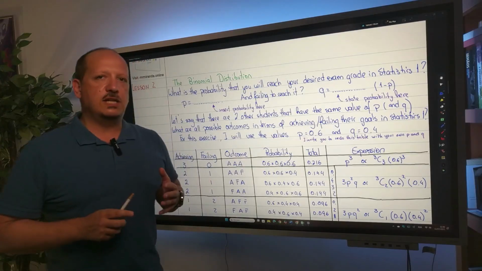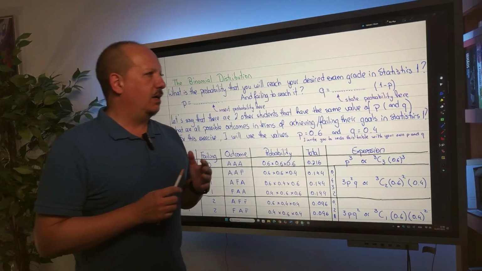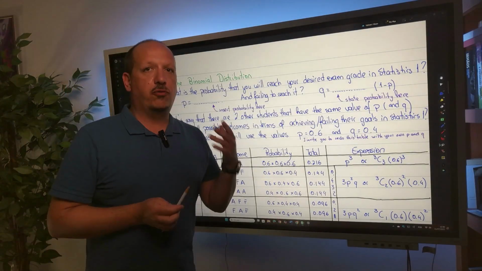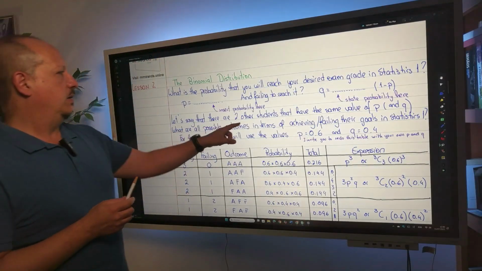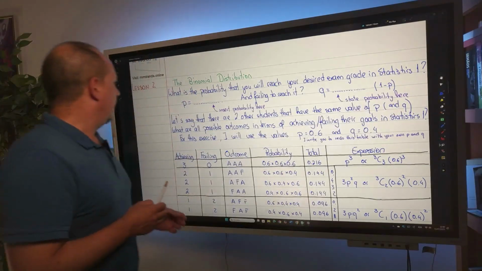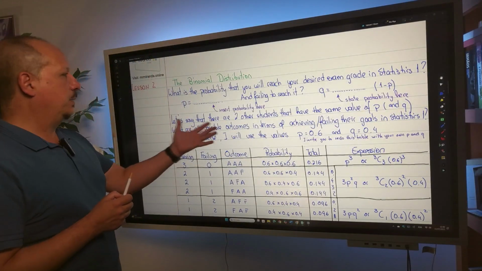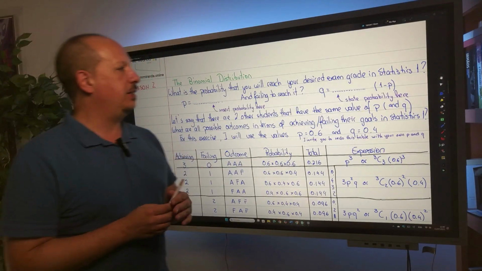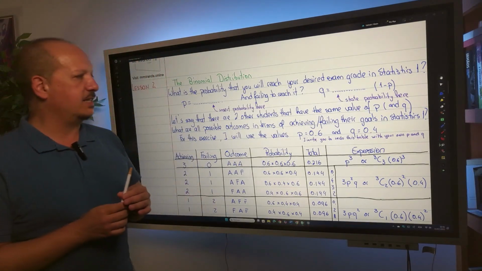What I'm going to study over here is all the possible outcomes for 3 students, 2 other students that have the same value of P and Q, and all the possible outcomes in terms of achieving and failing their goals in statistics 1.